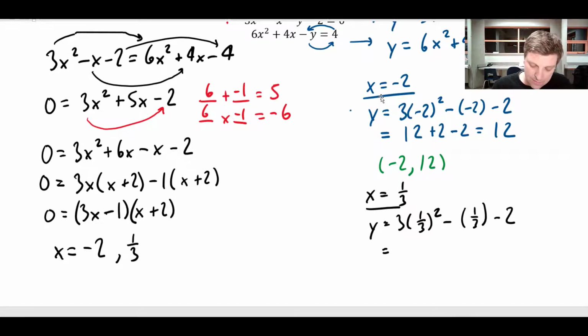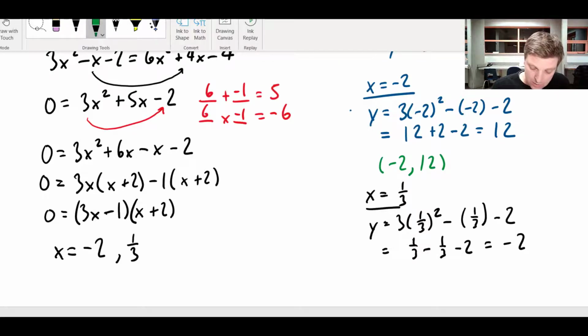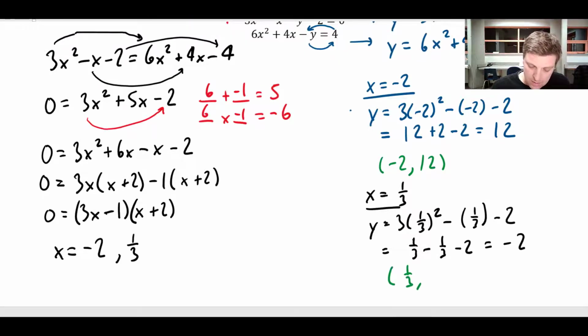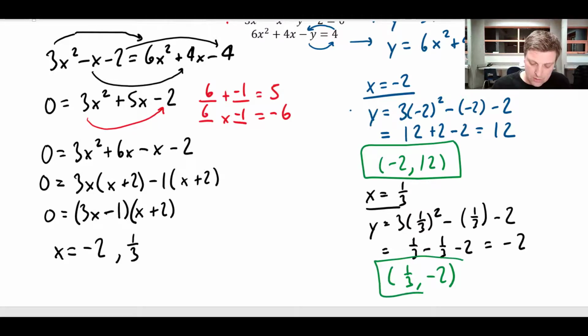And so if I'm careful here, 1/3 squared is 1/9, but then times 3 is actually just 1/3. So this becomes 1/3 minus 1/3 minus 2, which is just minus 2. And so my second ordered pair is going to be 1/3 comma minus 2. And so these are my two solutions.